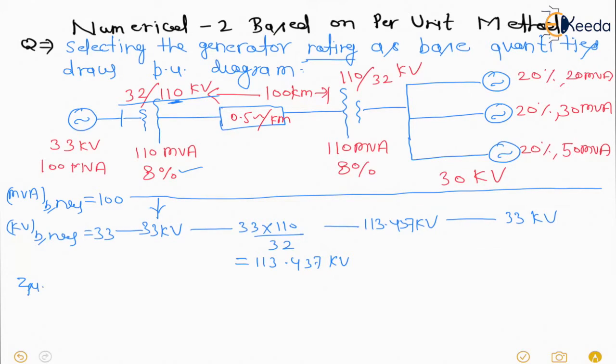So ZPU of generator number 1 will be equal to 15%, it is given, so 0.15 pu.